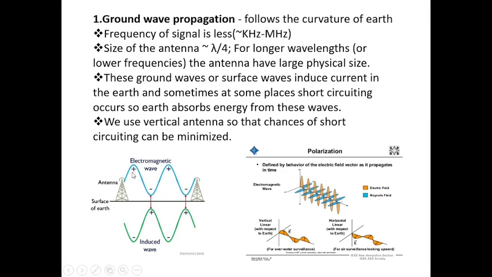These ground waves induce current in the earth. See here, if there is a negative charge, by induction on the earth there is a positive charge. Likewise the charges are induced in the earth. On the earth surface, maybe there are some mountains, or there may be rough surfaces. At those places, these electromagnetic waves get short circuited.